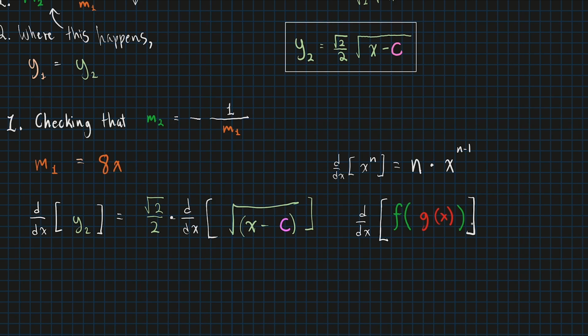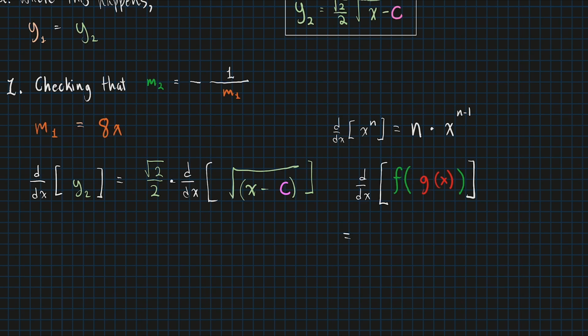So the derivative of f of g of x, well, the rule says that this is equal to f prime with respect to g of x multiplied by, so this is the derivative of f with respect to g of x. That means if you took the derivative of f of x, in that expression wherever x is, you plug in g of x, and you multiply that by the derivative of g of x, g prime of x.